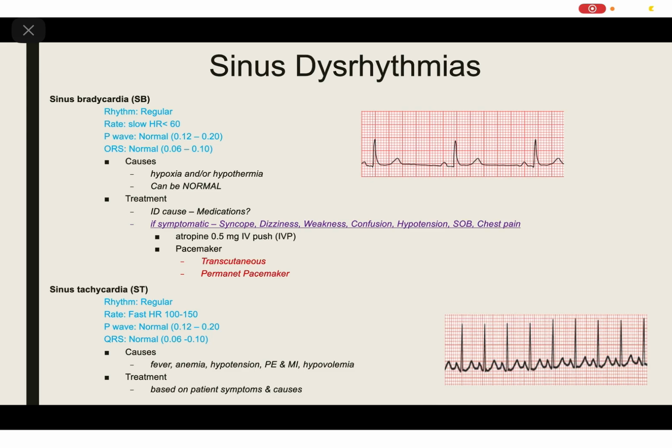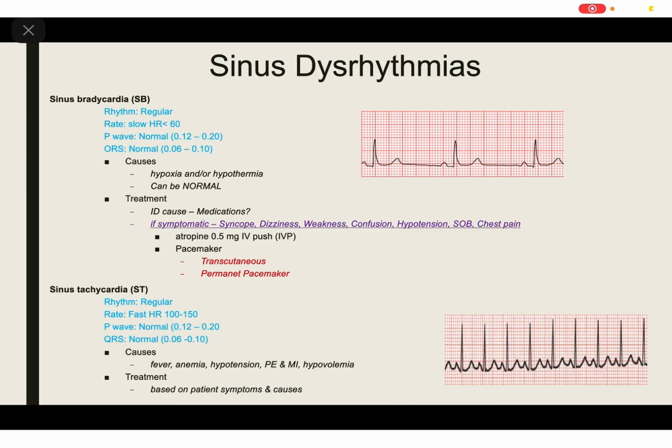And our treatment here, if they are not hemodynamically unstable, is atropine, 0.5 milligrams IV push. And then if that doesn't work, transcutaneous pacing. Or they will put in a pacemaker through a central line, whatever it takes.